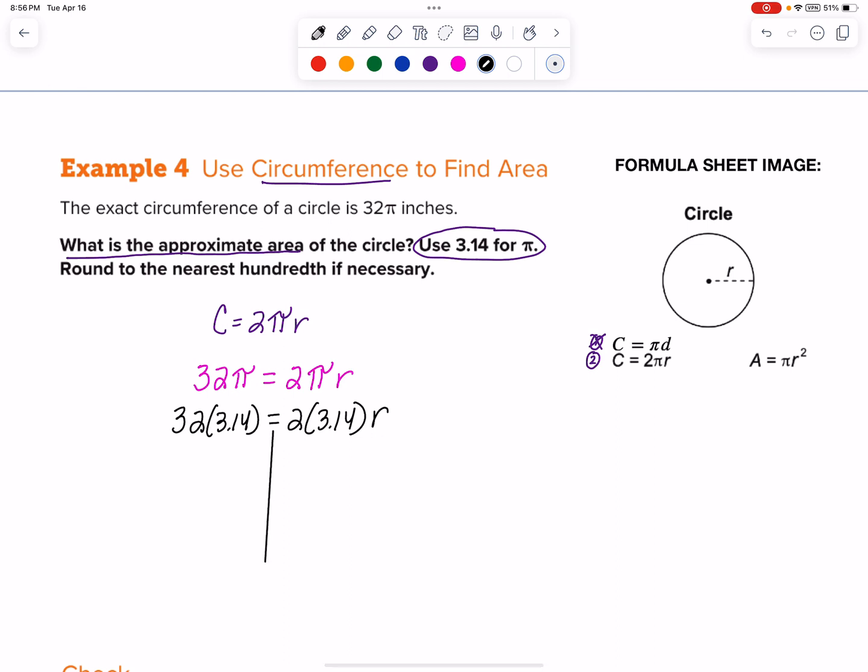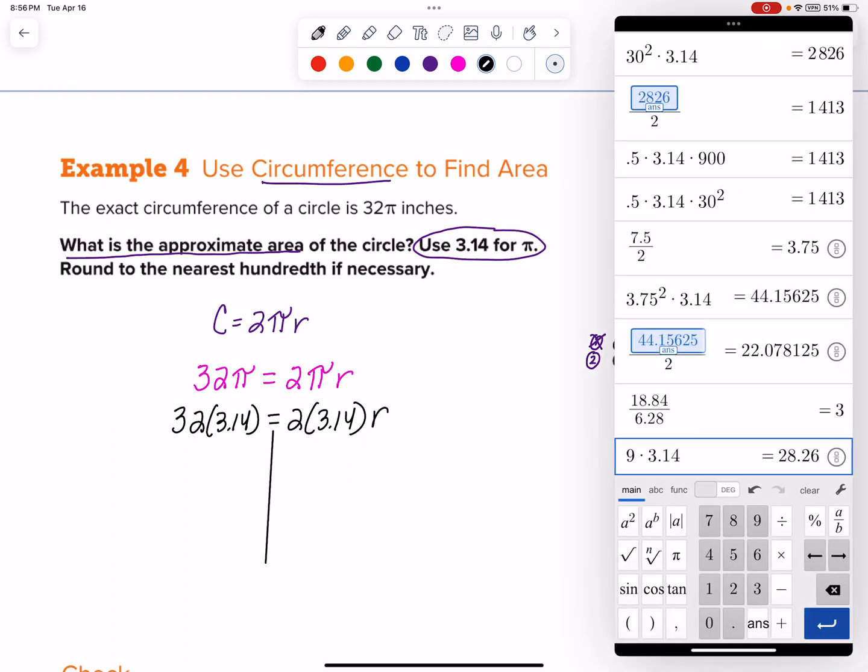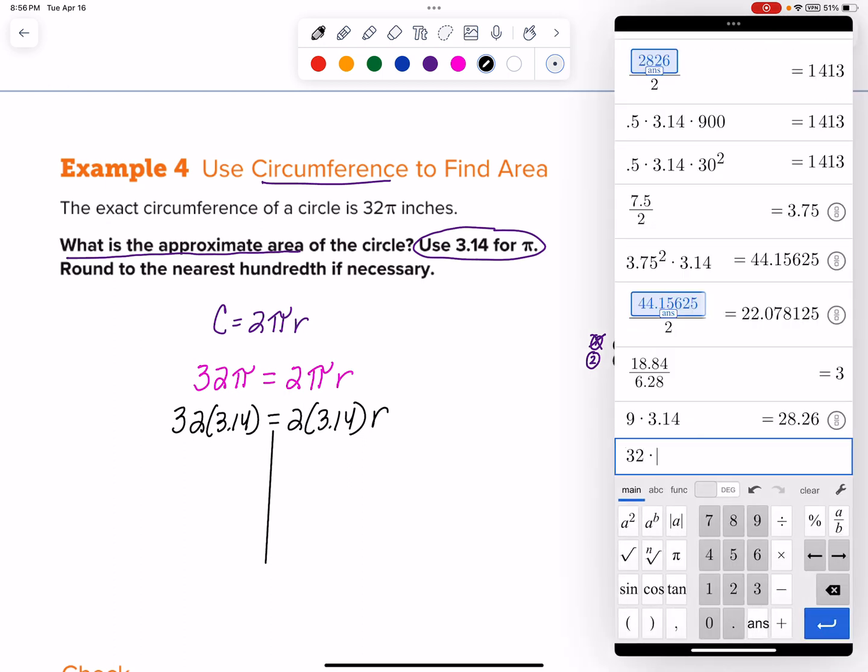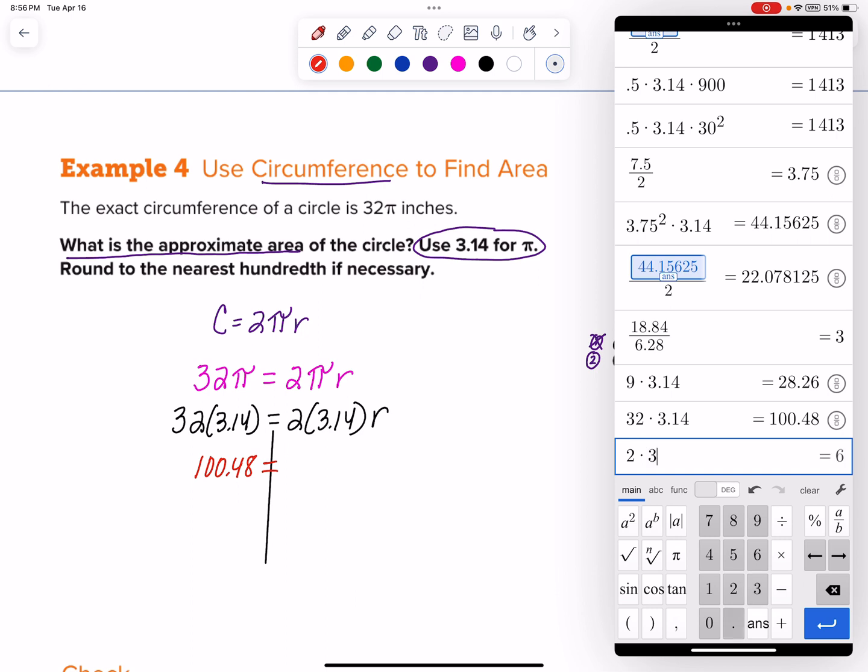So let's solve the things we can. 32 times 3.14 is 100.48, and this side is 2 times 3.14, which is 6.28 times r.